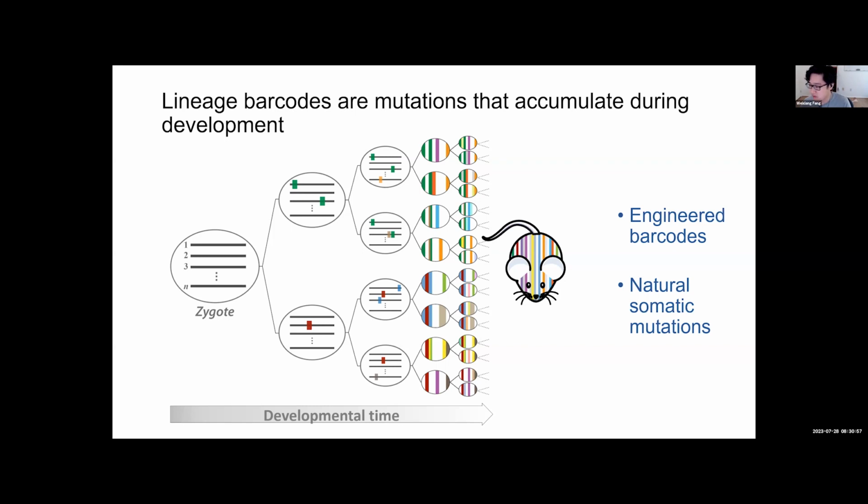At different stages of the development, each cell ends up with a set of mutations. And the mutations are heritable, so they get inherited by the other cells once the cell divides. When you collect the cells at a given time point and look at these barcodes, cells that are more closely related in lineage share more similar barcodes, and vice versa, right?